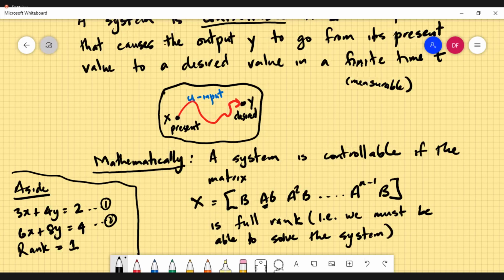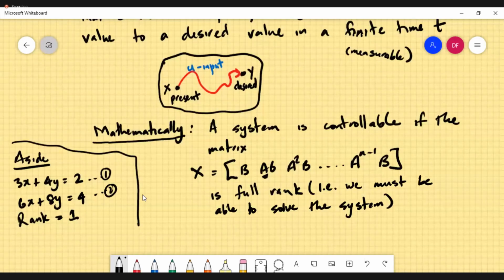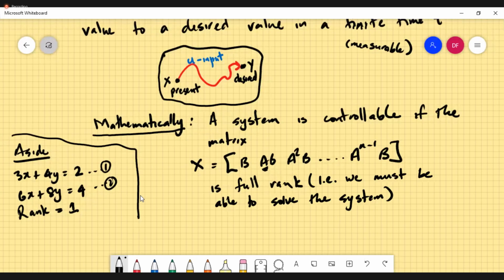So the easy way to know if we can solve the system is that if you look at this set of equations, there's no one value that we're going to solve it. This has several solutions. So this is not a solvable system. What we can look at is the determinant, which is 3 times 8 minus 6 times 4. 24 minus 24 is 0.